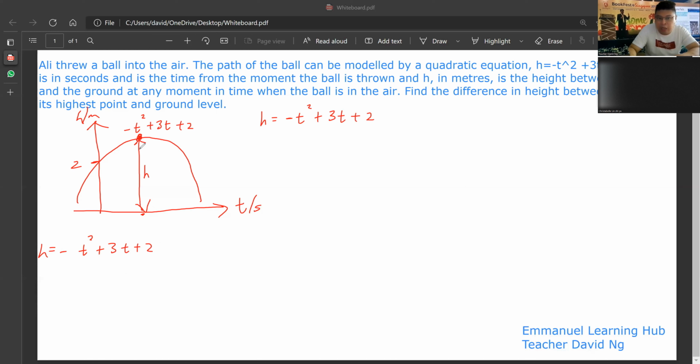First you need to know what they ask you to find. They're asking me to find turning point. How do I know it's turning point? Because the way it's described, the difference in height between the ball at its highest point and ground level. Turning point already. So then I complete the square in order to know my turning point.